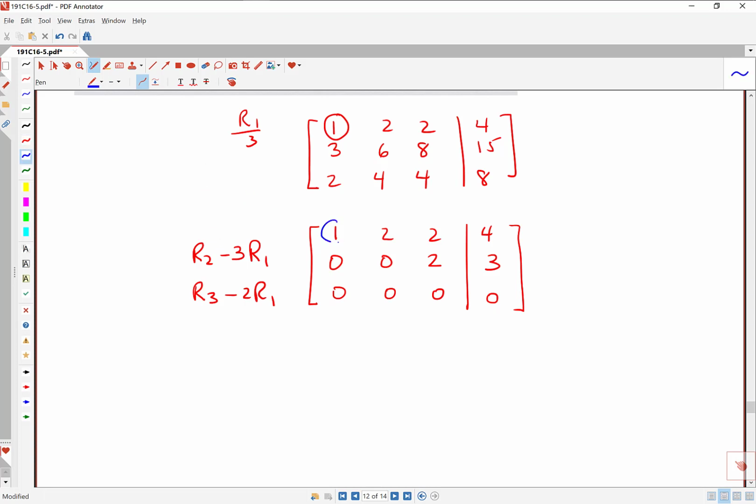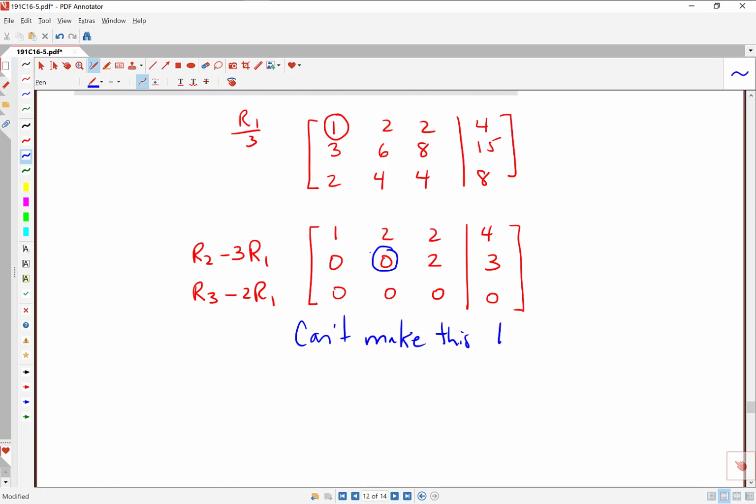So we go from our previous pivot, we think about moving down and to the right, and we would normally want this to be the location of our next pivot. But if we think about it, we can't make this 1, at least not without undoing all of the hard work that we've already done. So there's no row swap that will help us. There's nothing we can divide through by or multiply through by that will help us.